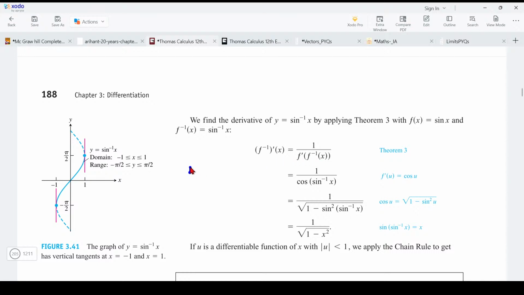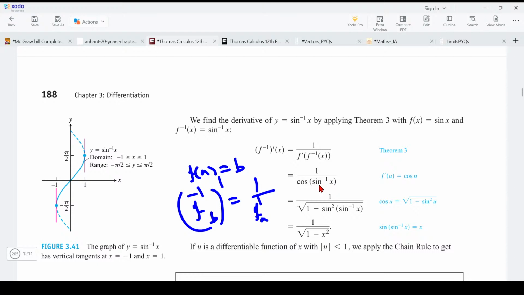We know f of a equals b, and the f inverse slope at b is 1 by the f dash slope at a, the slope of our original function at a. So here sin inverse x equals b.